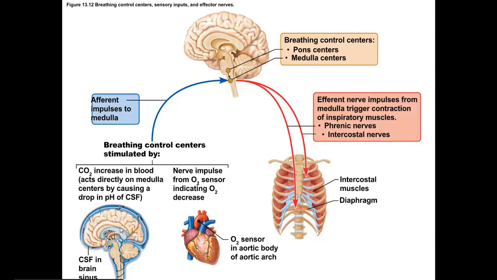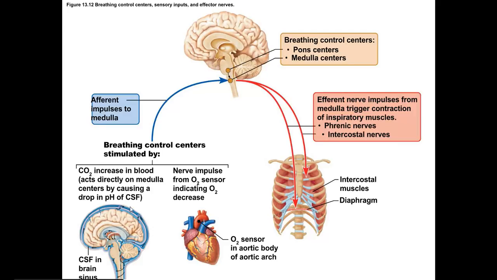If we take a look at this a little bit, we have our brain here and the pons and the medulla. And the way that they're able to determine how fast we need to breathe is through monitoring the pH of the cerebrospinal fluid. Remember that that's produced by our blood and the choroid plexus of our brain. And so the pH of your blood is essentially the pH of your cerebrospinal fluid.